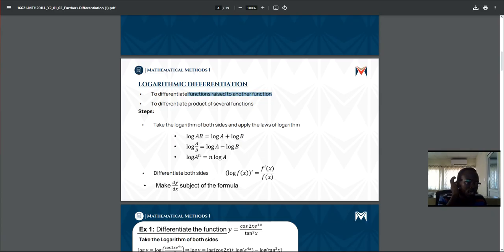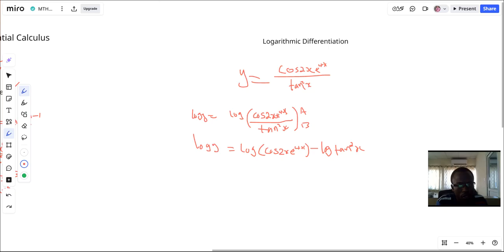That's why I say you have to memorize all these formulas: the derivatives, basic trigonometric identities, the laws of logarithms, all of it, combine everything. This is equal to log cos 2x plus log e power 4x minus log tan square x.